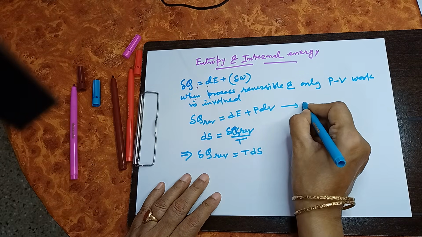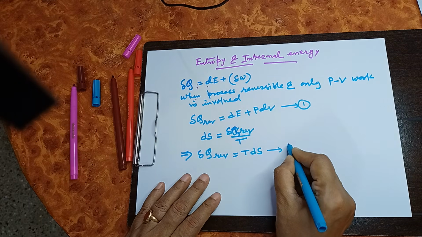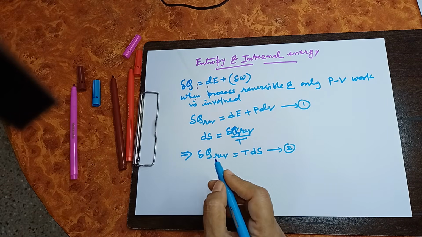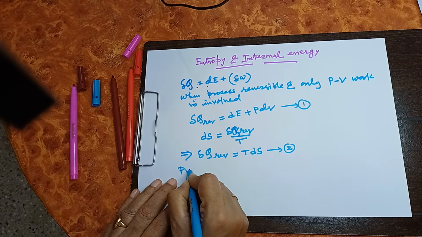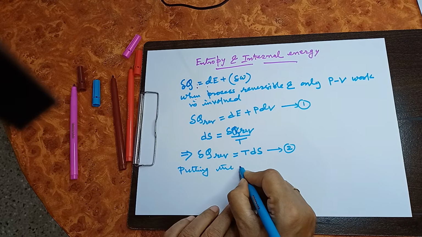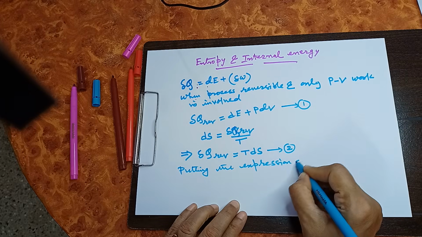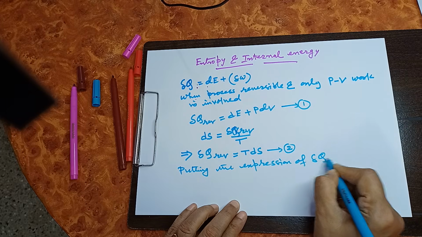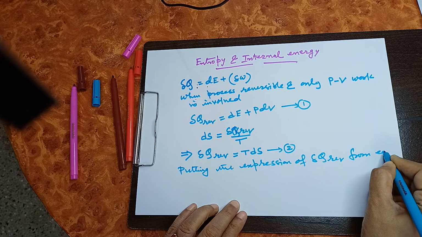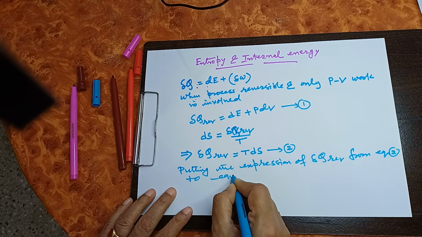Say it is equation number 1, and this is equation number 2. Now I'll put this here, putting the expression of del Q reversible from equation 2 into equation 1.